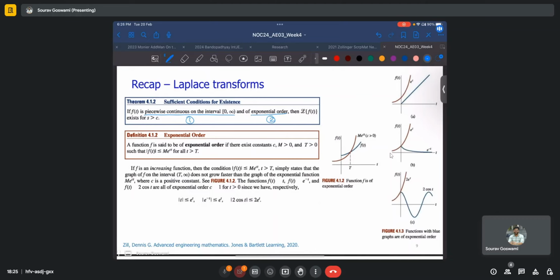Exponential order is defined here. Any function is said to be of exponential order if there exist constants c and m greater than 0, and some t greater than 0, such that the magnitude of the function is less than or equal to this exponential function that we construct, m e power ct, for all t greater than this chosen t.